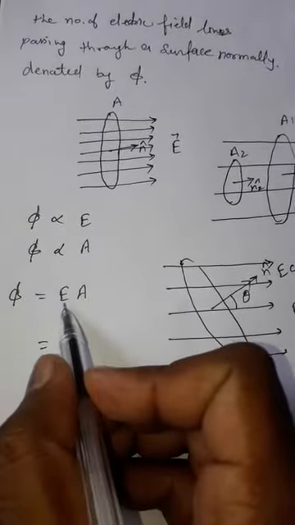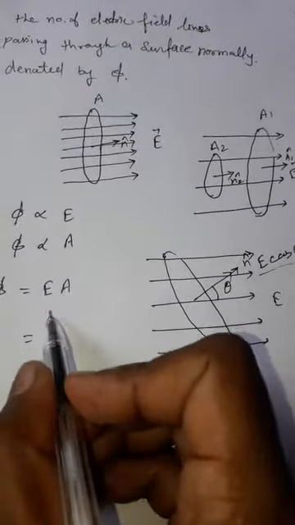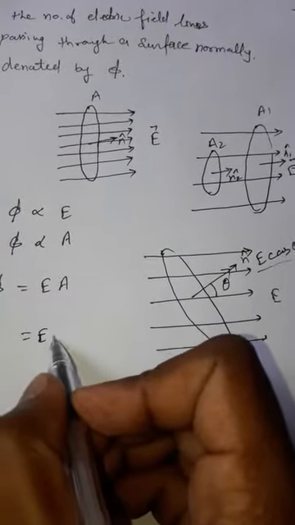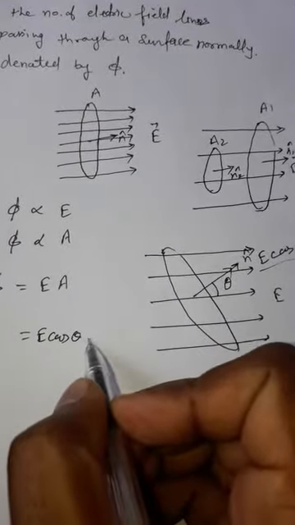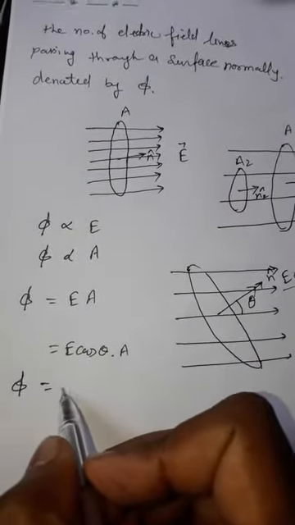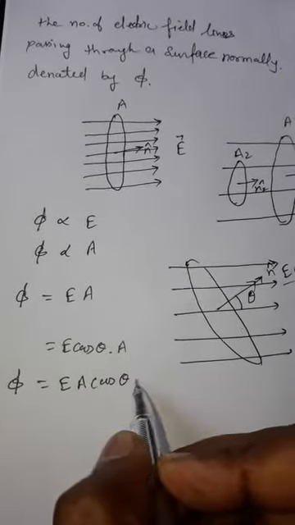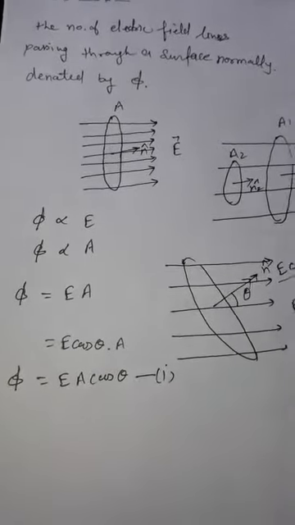So we can say the electric field is represented by a component E cos theta. So the electric flux must be equal to E A cos theta. Say it is equation first.